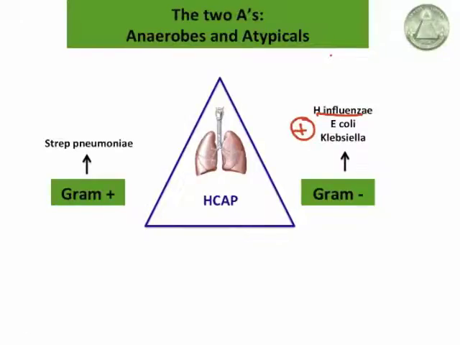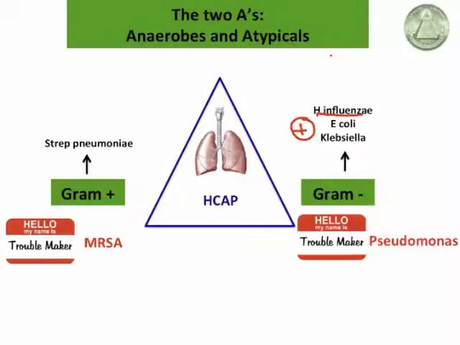Other gram-negatives play a role now. For gram-positives, you have to think about MRSA now. Your troublemaker is definitely in your spectrum of bacteria to expect in the lungs. For gram-negatives, also troublemaker Pseudomonas. Those are the two big things in HCAP, MRSA and Pseudomonas. Always need to think about those two.